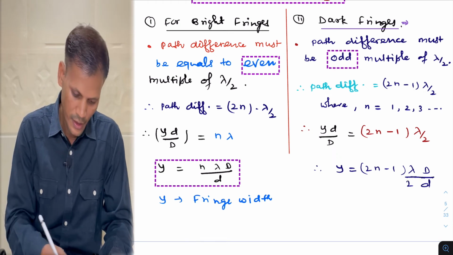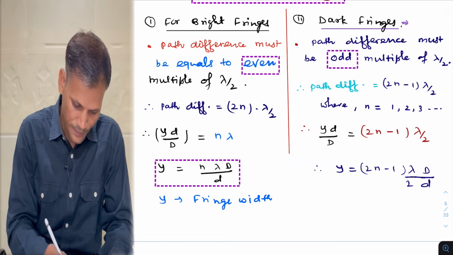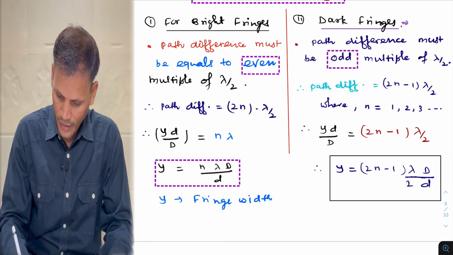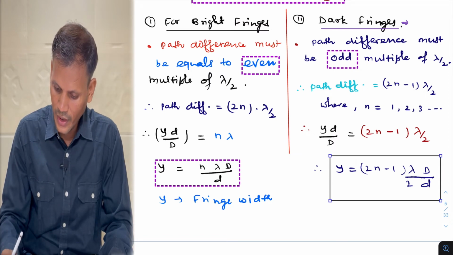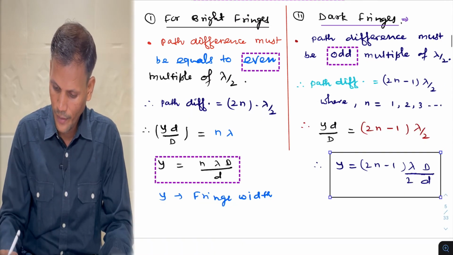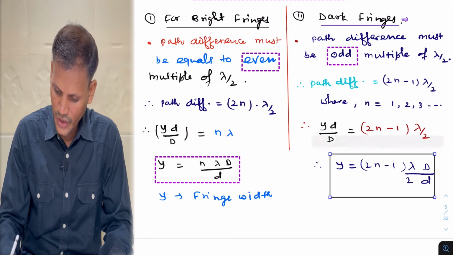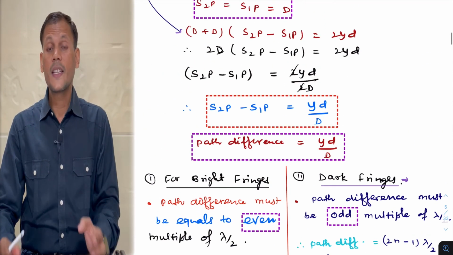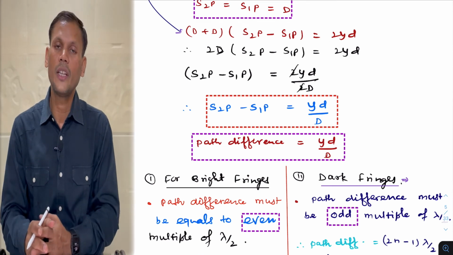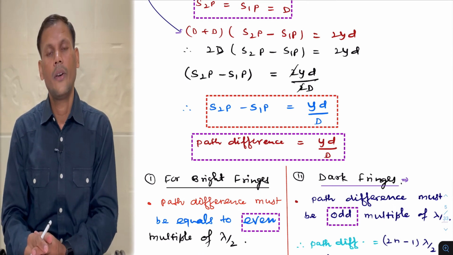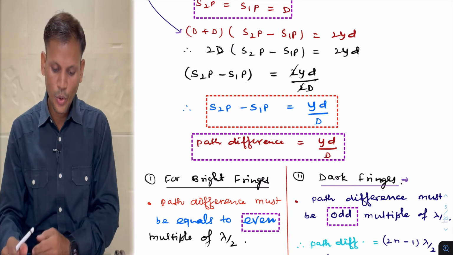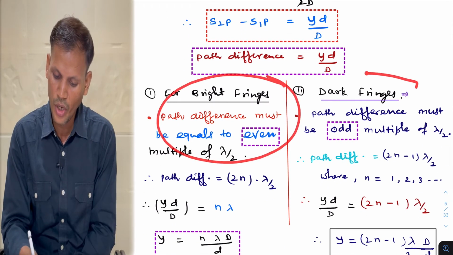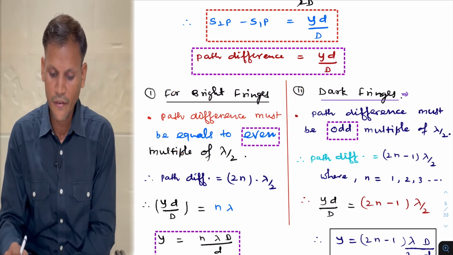This is the fringe width for the dark fringes, the condition for dark fringes. So this is one derivation for the fringe width, and I have written two different conditions: the condition for the bright fringes and the condition for dark fringes.